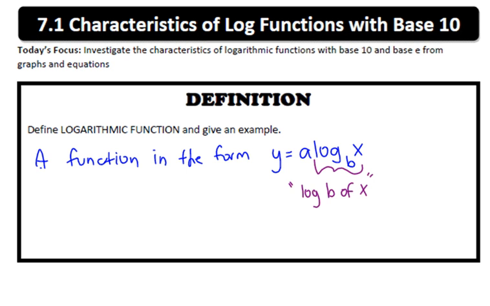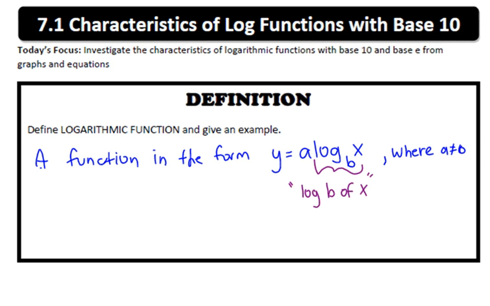This is actually related to an exponential function. I know it doesn't look that way, but we're going to find that relationship after. There are a few conditions. a can't be 0, because 0 times anything is 0, so it wouldn't be a log function, it'd be a constant function.